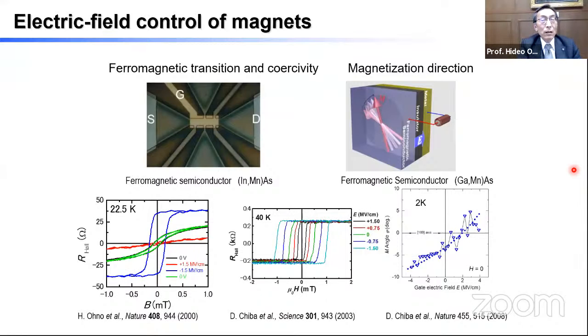So this naturally means that the target material has to be thin enough so that we can control the carrier concentration of the entire target thin film. In this indium manganese arsenide case, we chose the material thickness to be about 4 to 7 nanometers.